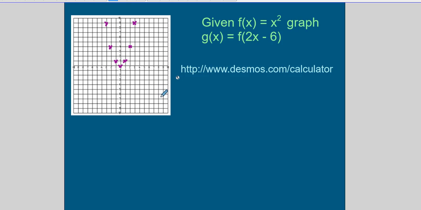So now, given the graph of x squared, let's try to graph f of 2x minus 6. So what we're going to do here is we're going to shift f 6 units right, and then take half the distance to the y-axis.